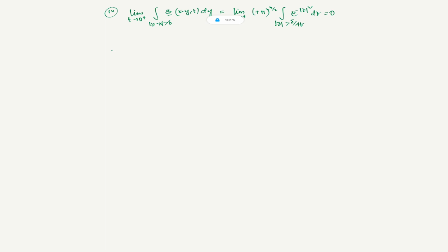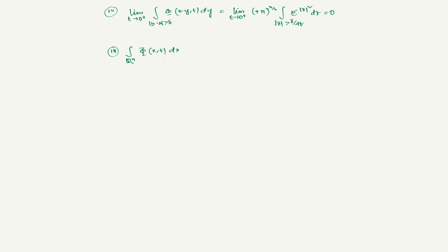Now what about the third property? The third property is also a change of variable. Essentially you can write it like this: there is nothing wrong in writing phi of x minus y, t, or just phi of x, t.